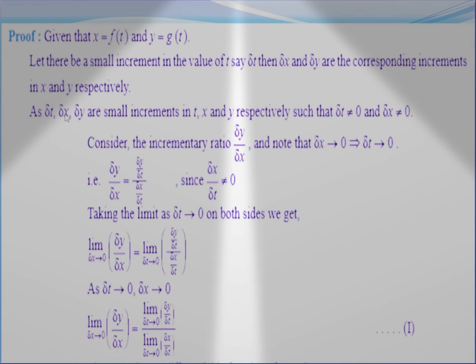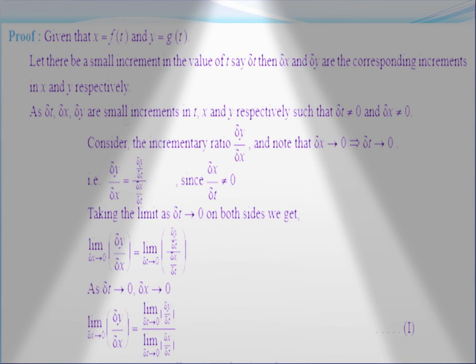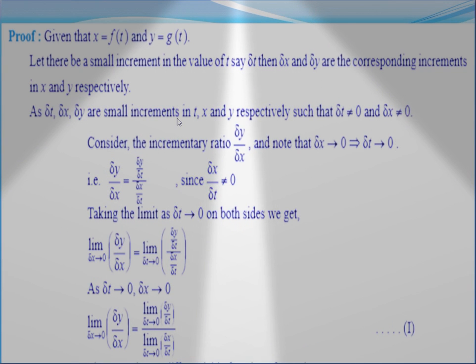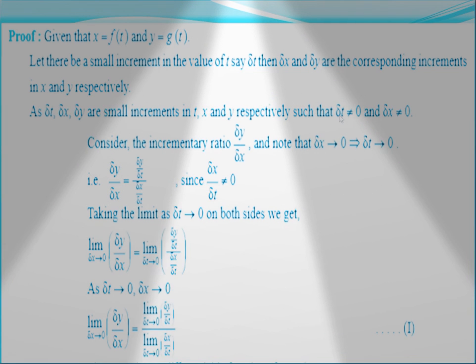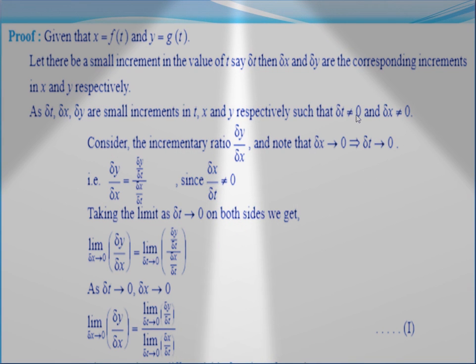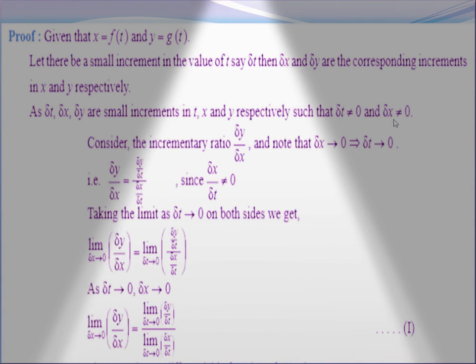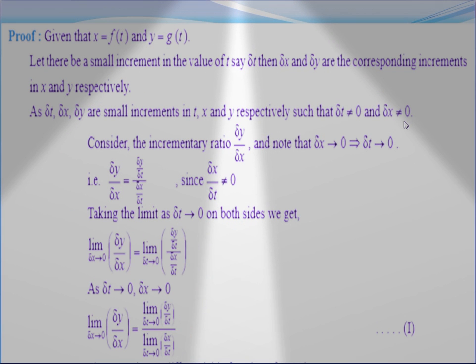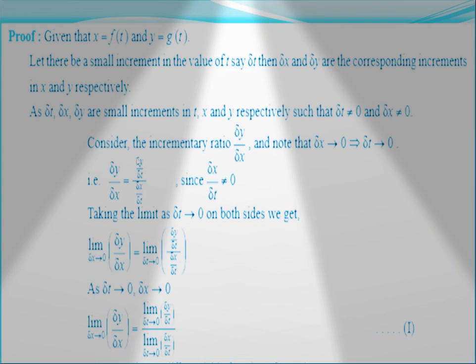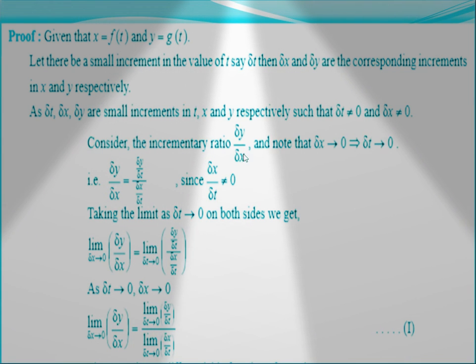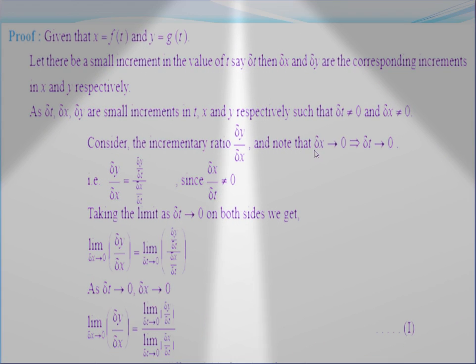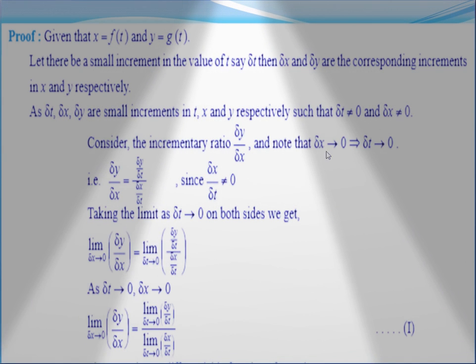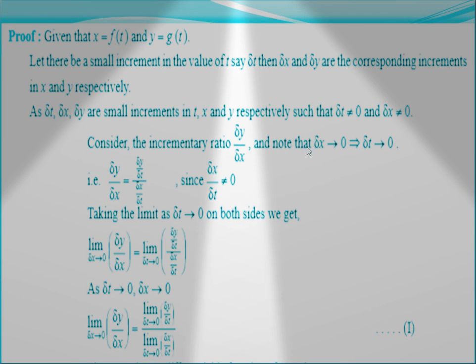As delta t, delta x and delta y are small increments in t, x and y respectively, such that delta t is not equal to 0 and delta x is not equal to 0, consider the incremental ratio delta y upon delta x, and note that delta x tends to 0 implies that delta t also tends to 0.